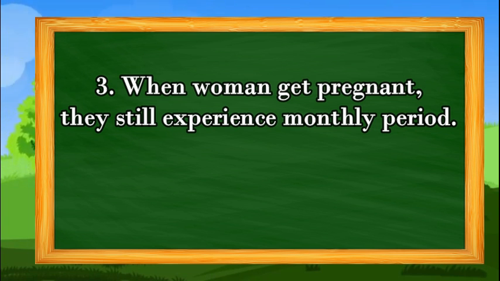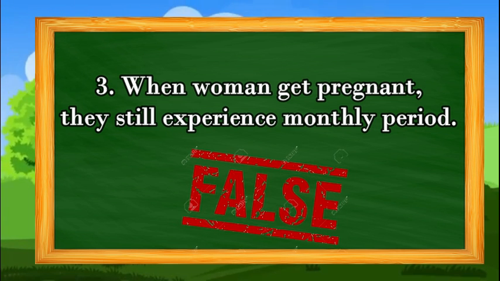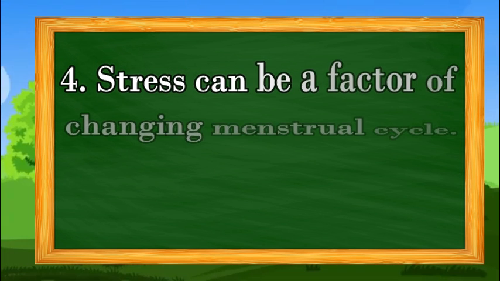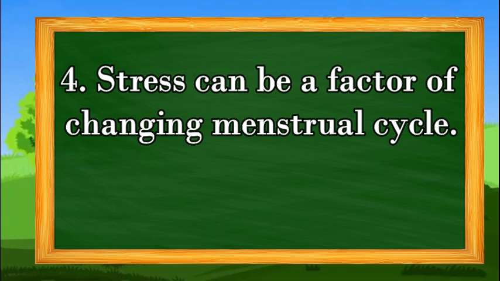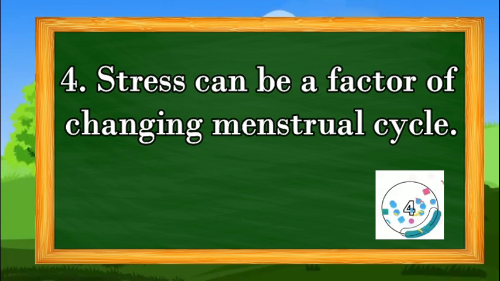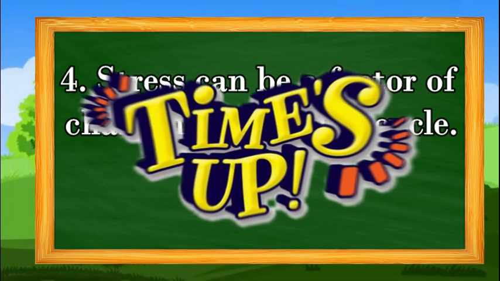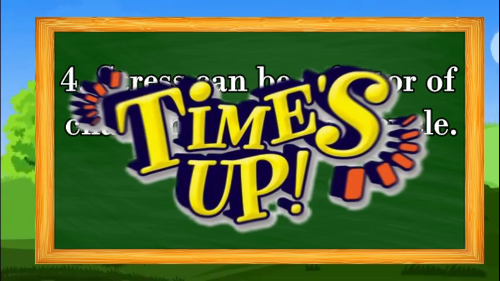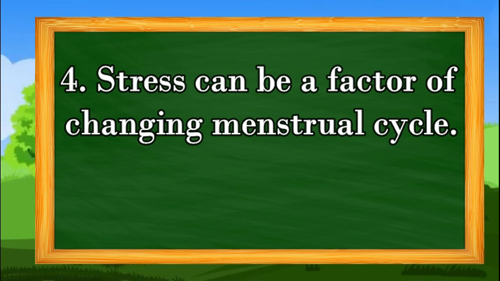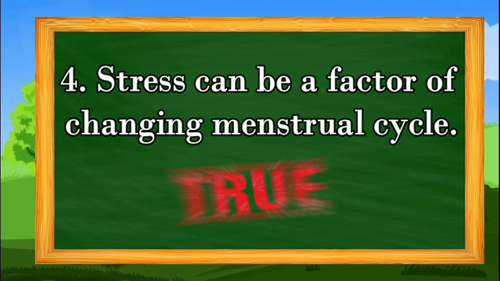What is your answer? False. You got it right. Fourth question. Stress can be a factor of changing menstrual cycle. What is your answer? Great job, kids! It is true.